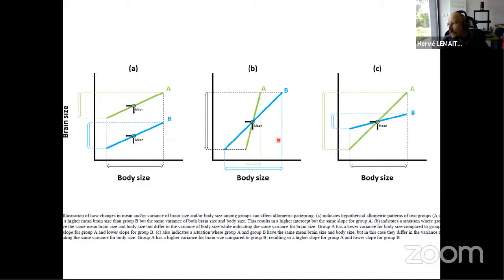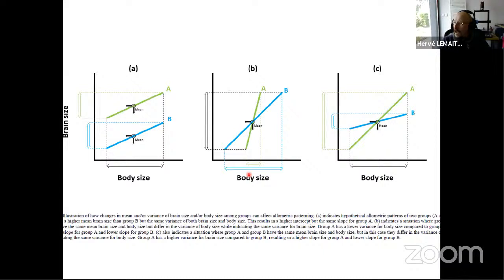So here you have two different scenarios, and these two different scenarios are happening in the primates. For example, there is this kind of variation of variance of body size here. So you have a shift in slope due to variance of body size. And that is happening in the case of the primate where there is a change of locomotion between arboreal and terrestrial. So there is a change of body size which creates a change of allometry and a change of slope.